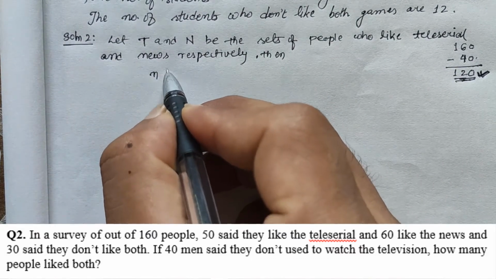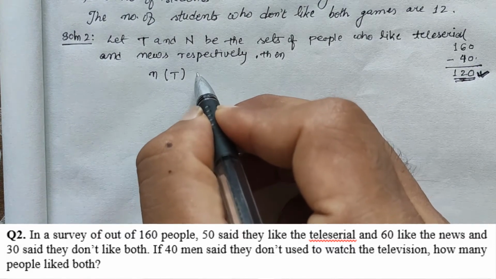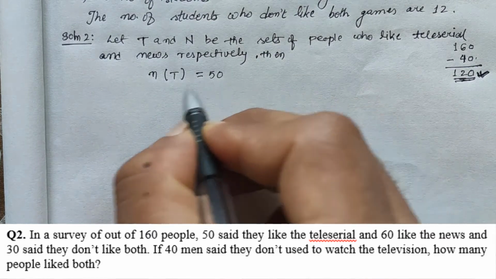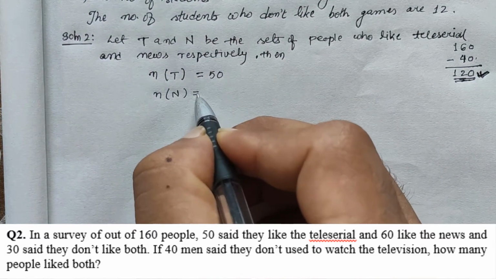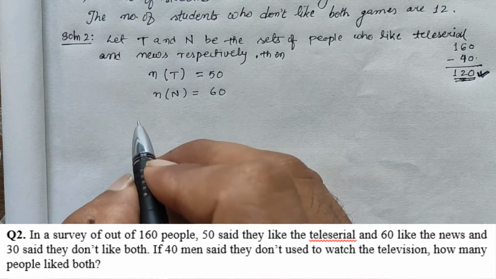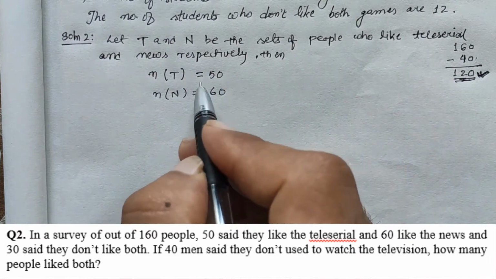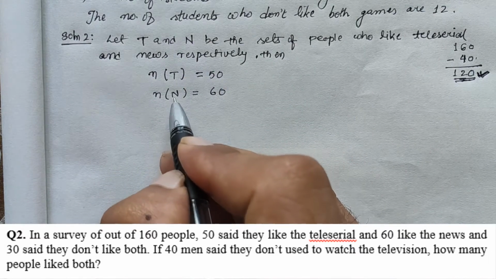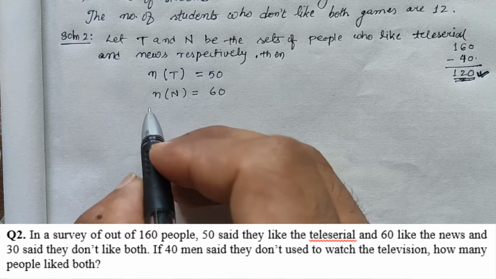The number of people who like to watch teleserial is 50. The number of people who like news is 60, and 30 said they don't like both, which means the complement is given there.